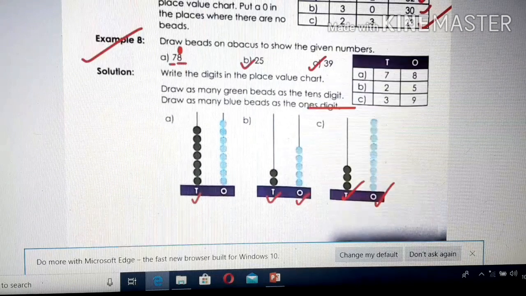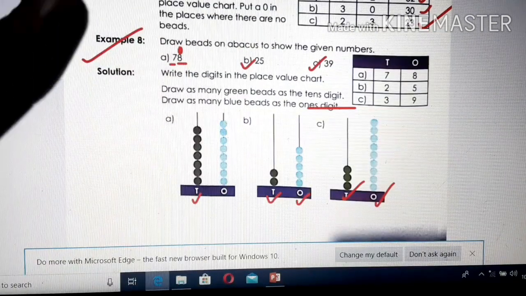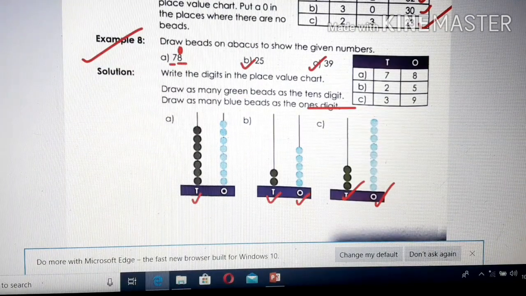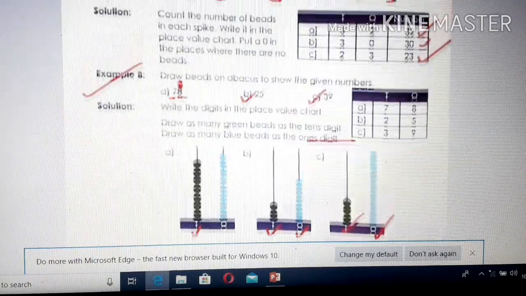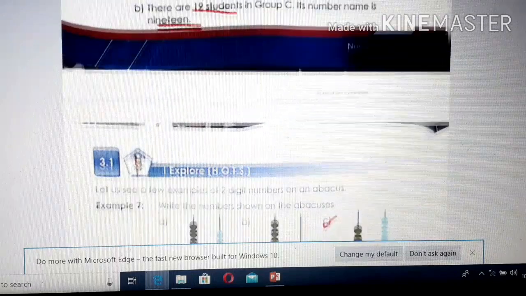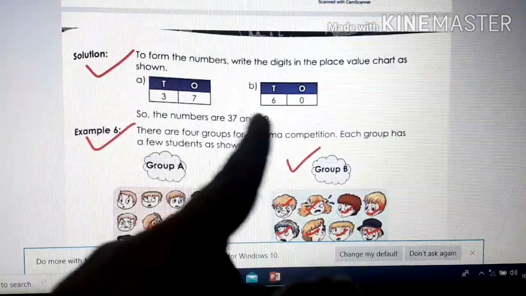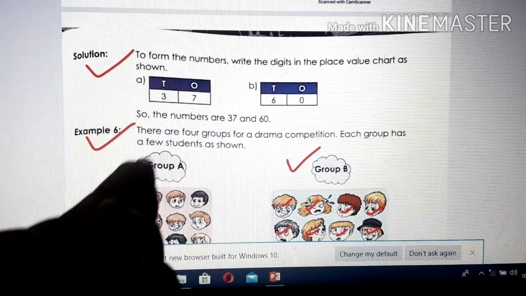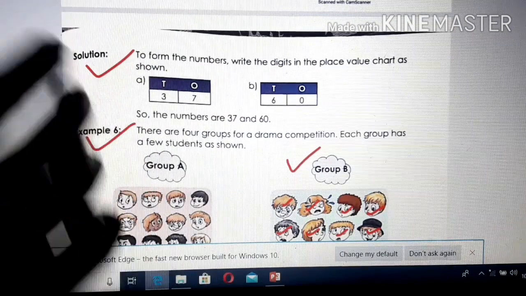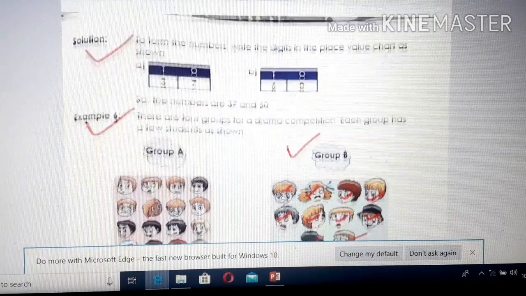So this is all, children, till here. So is it clear what we have studied today? We have studied how, when the place value of the digit is given, we can form the numbers, isn't it? And what else we did?